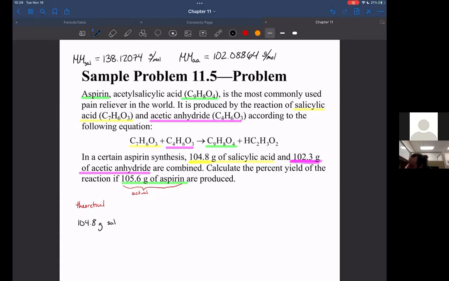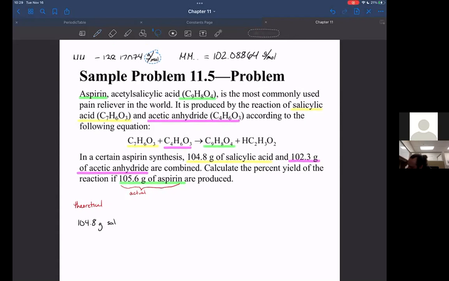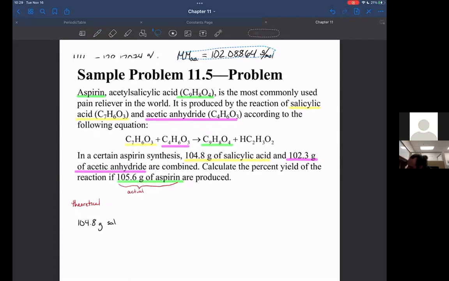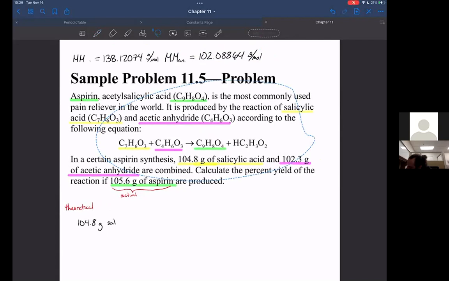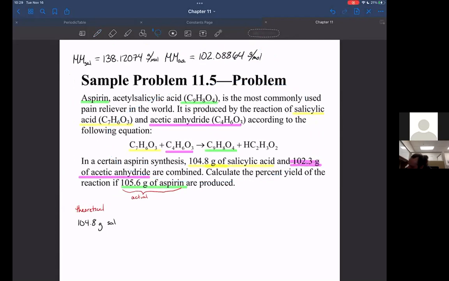And lastly, we're going to need the molar mass of aspirin. Aspirin, 180.